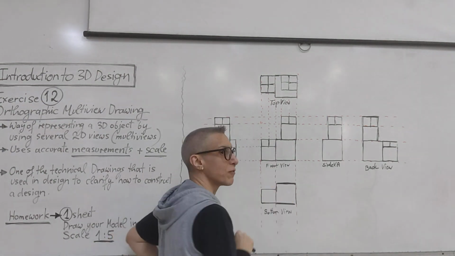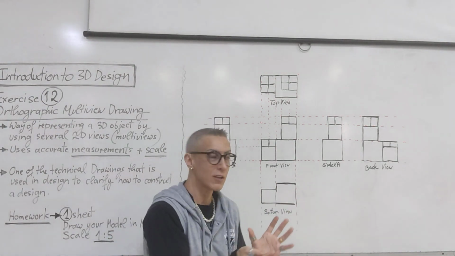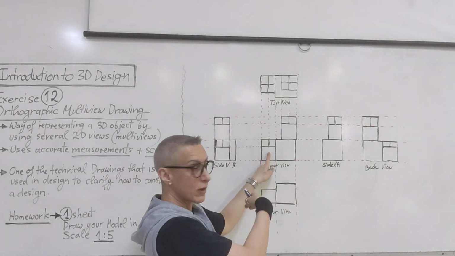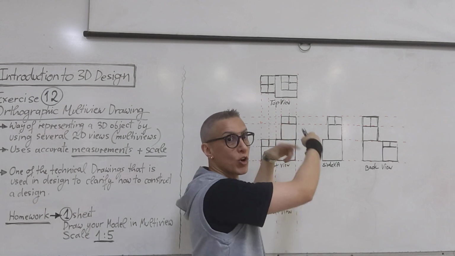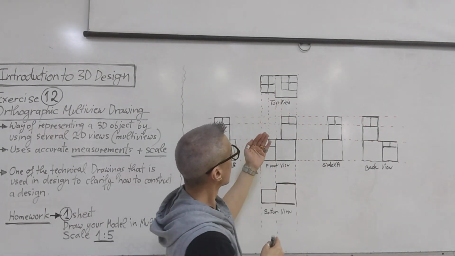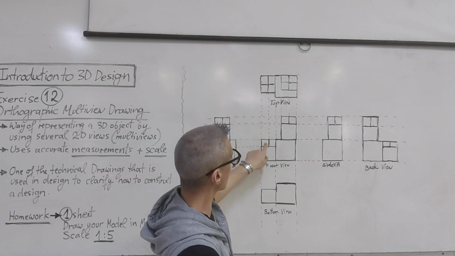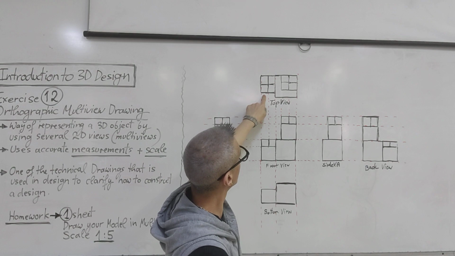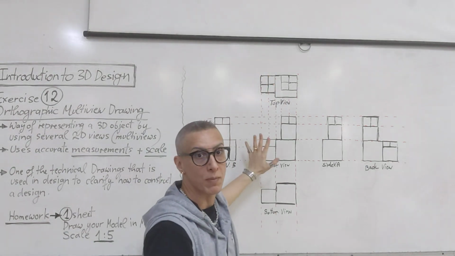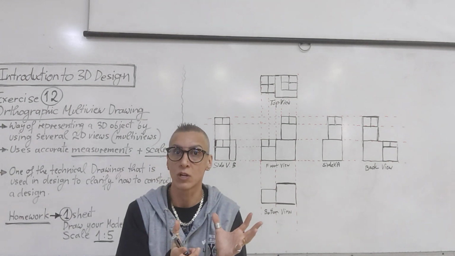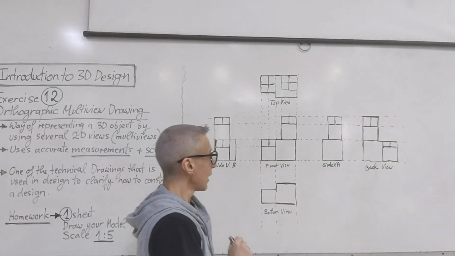So you know this cube is a 15 by 15 cube, you build it, then you know there is another cube 10 by 10 centimeter next to it, there are small cubes on top, and you build the object according to what you see in the views. The depth, for example here we don't see the depth, how far back is it? But when you look at the top, we can understand it's back. So every view gives us details about the model that we should make.